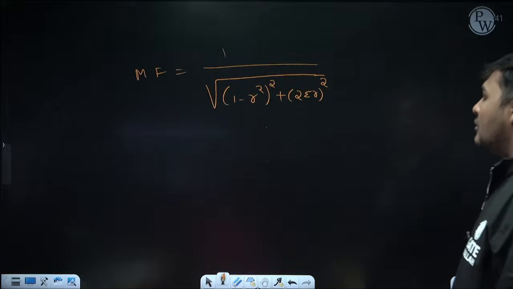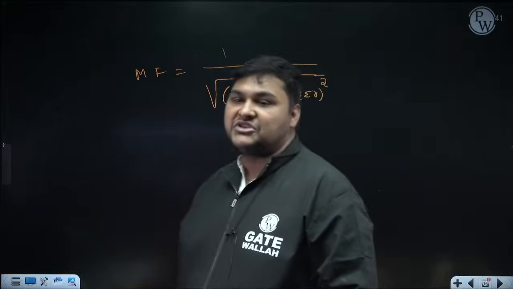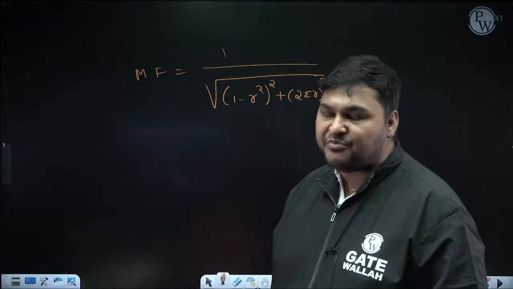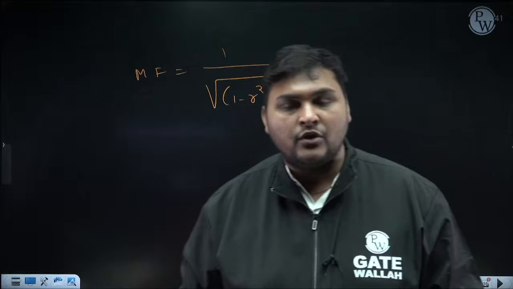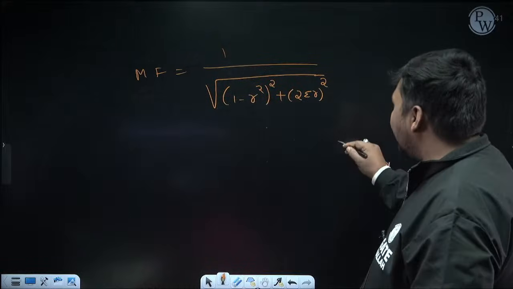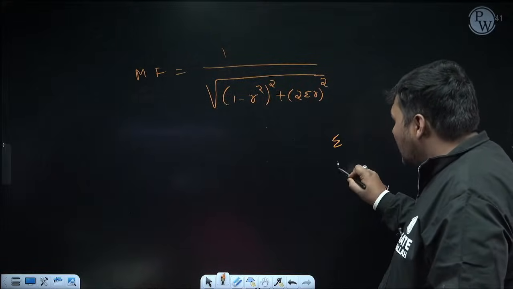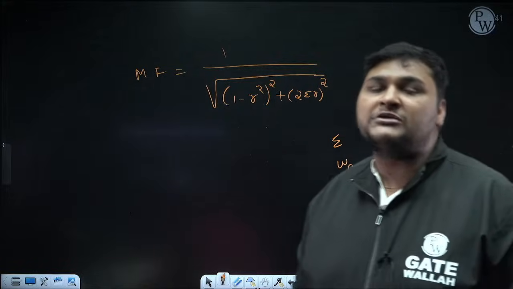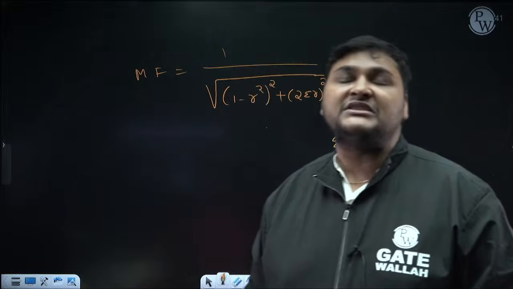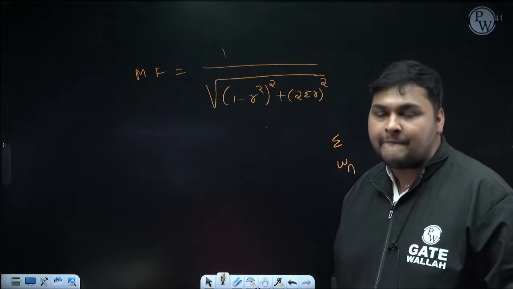Because what I am trying to say is, if you design the system, in that system you attach the spring, you attach the damper, and you already know the mass of the system, so the value of zeta will get fixed. The value of omega n will also get fixed. But the type of force I apply will decide the forcing frequency omega.